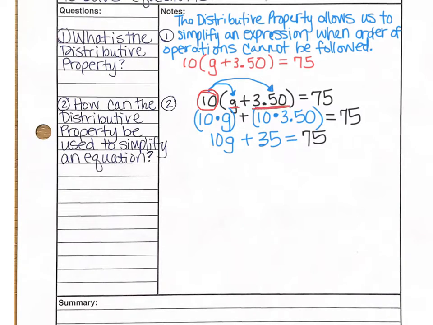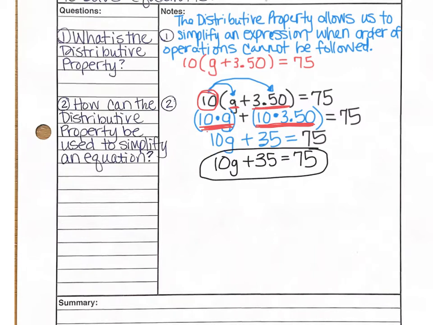We know that we had 10 graphic novels, and we had increases of $3.50 on each of those 10 novels. So together we have 10g plus 35 equals 75. Now this is a two-step equation that we know how to solve by using inverse operations.